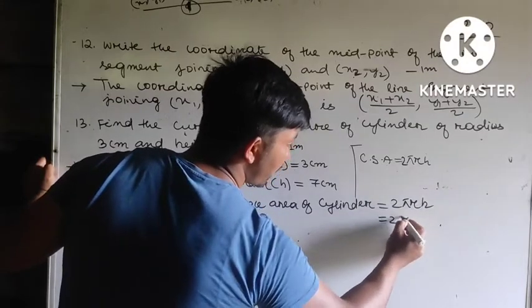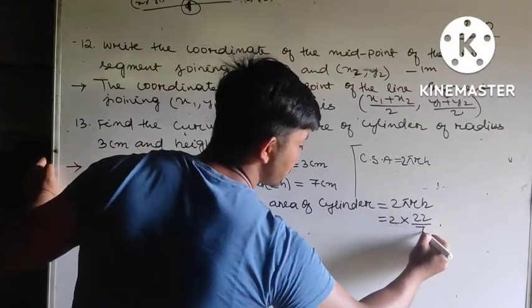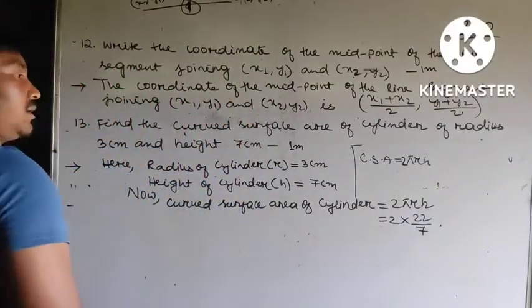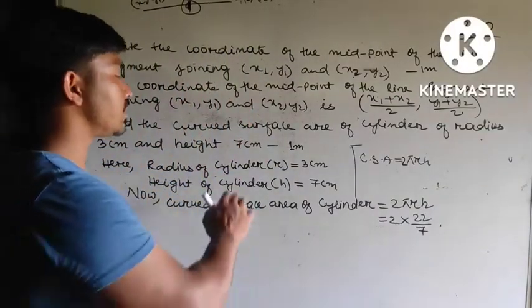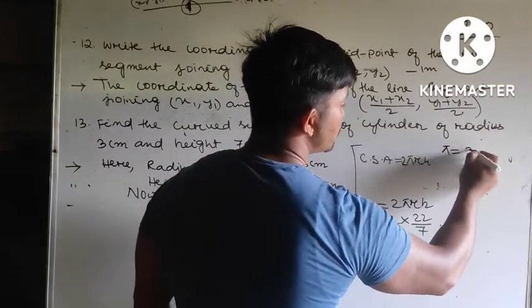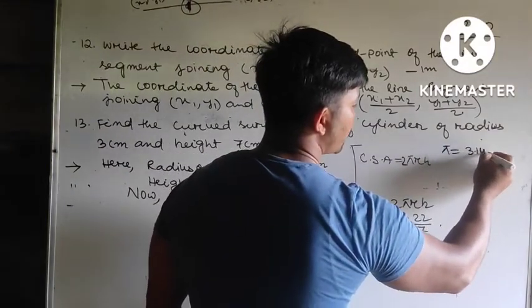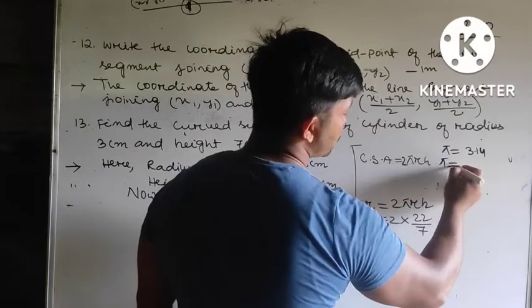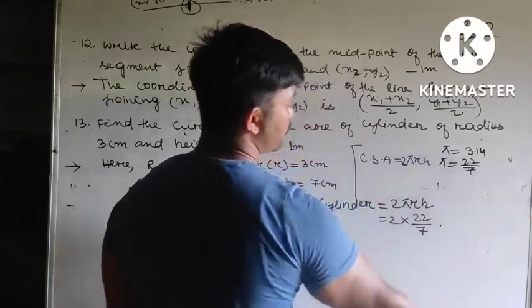The value of pi is 22 by 7. If in the question the value of pi is given as 3.14, then you are going to use that. If the value is not given, then you carry on with 22 by 7.